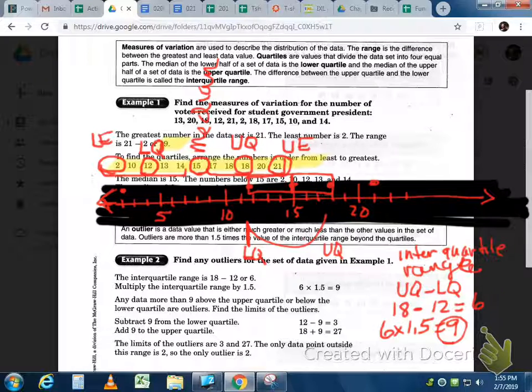The whiskers can only be 9 units long. So look on this side. Look on the right. From the right-hand side of the box, right here, at 18, up to 21, is that longer than 9? No, so we can put that whisker in. That side's done.